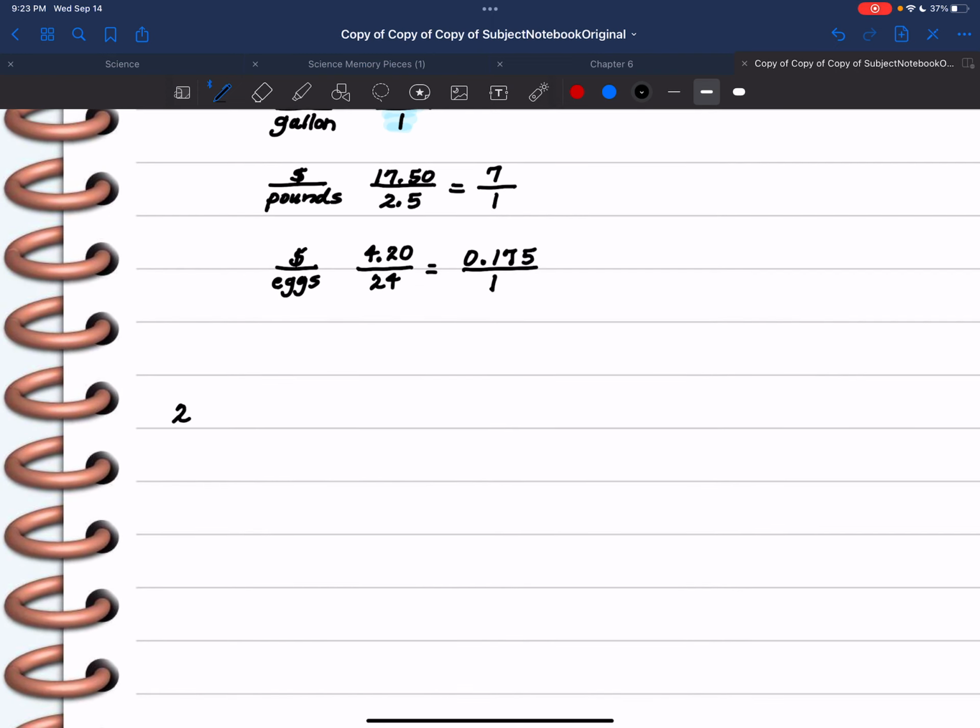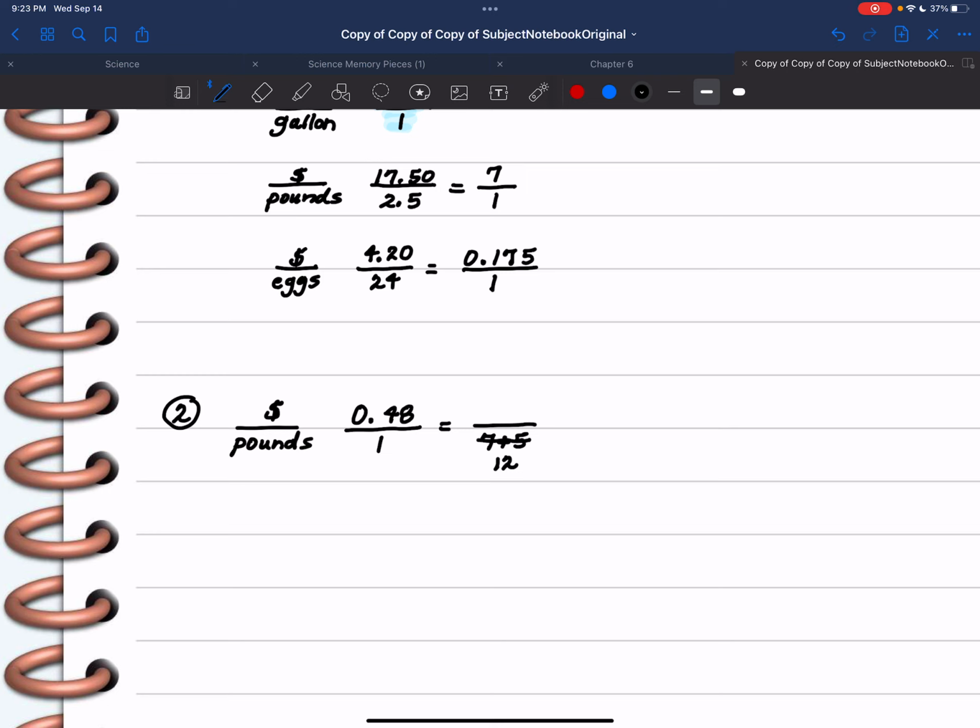Number 2. In a store, screws are sold for 48 cents a pound. So we are comparing dollars to pounds. And we get 48 cents in the dollars row. And per pound, that's 1 pound. That's a unit rate. You want to buy 7 pounds for one project and 5 pounds for another project. So 7 pounds and 5 pounds, that's a total of 12 pounds.